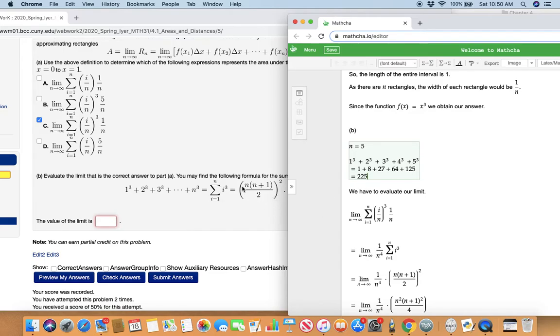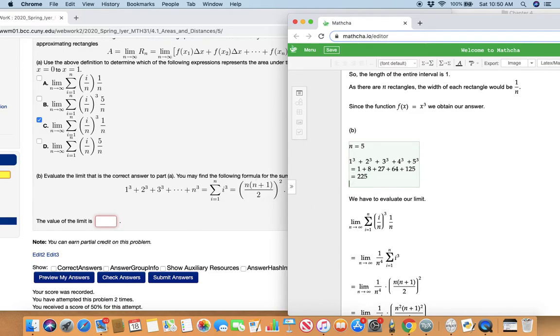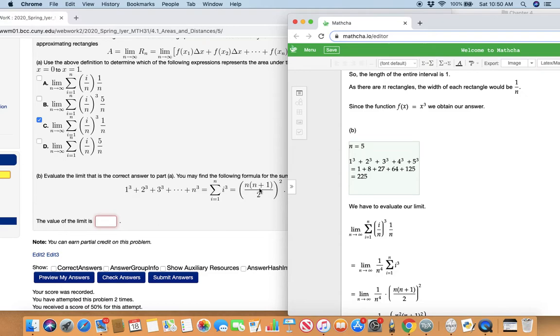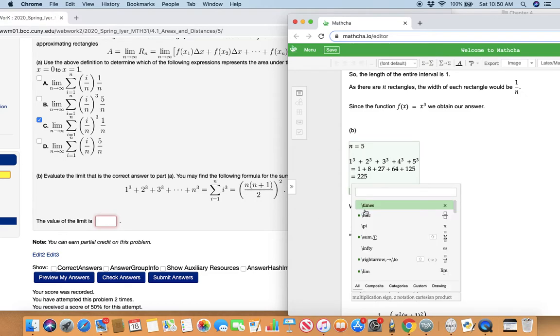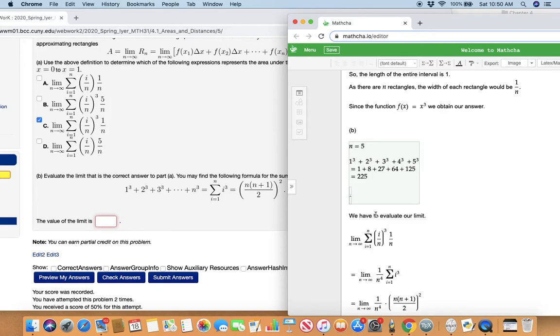On the other hand, what is this formula? It says n times (n plus 1) over 2, power 2. What is n? 5. What is 5 plus 1? 6 over 2. I want to take this quantity and raise it to the second power. That's what the right hand side says.